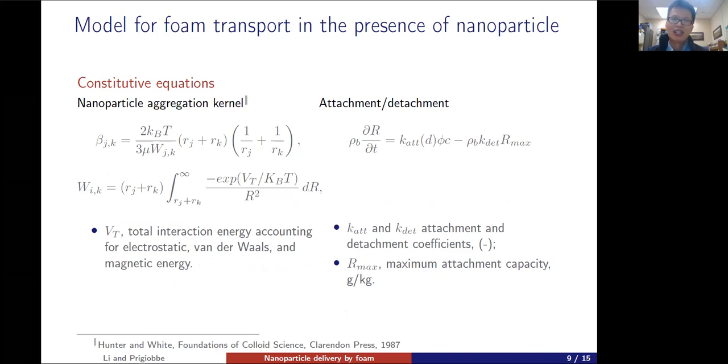On the right-hand side is the equation describing the attachment and detachment process, and to calculate the corresponding coefficient. The model contains several parameters that we have to estimate by running systematic experiments.